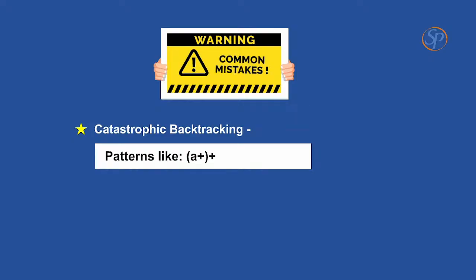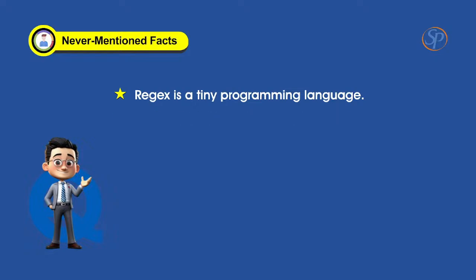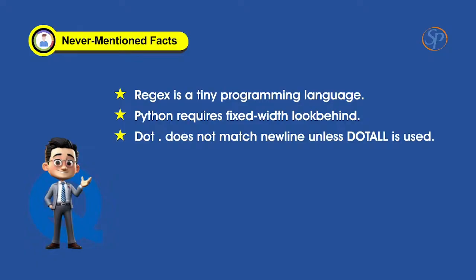Patterns like (a+)+ cause excessive matching attempts. Misusing character sets. Inside a set, dot means a literal dot. Alone, dot means any character. Fun fact: regex is a tiny programming language. Python requires fixed-width lookbehind. Dot does not match newlines unless DOTALL is used. Different languages have different regex engines.